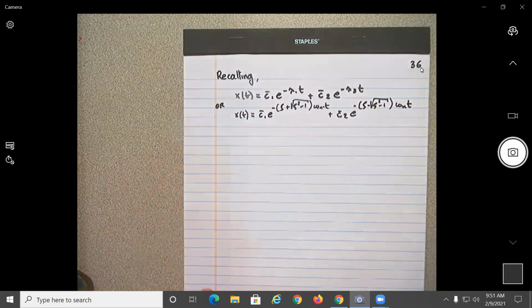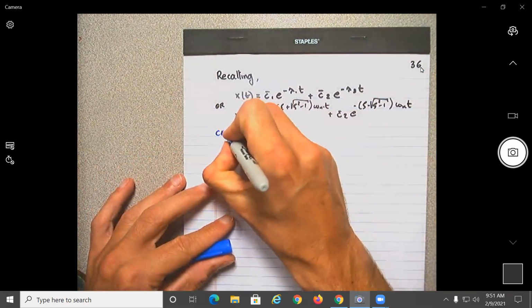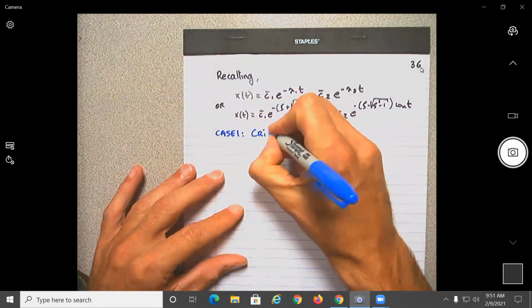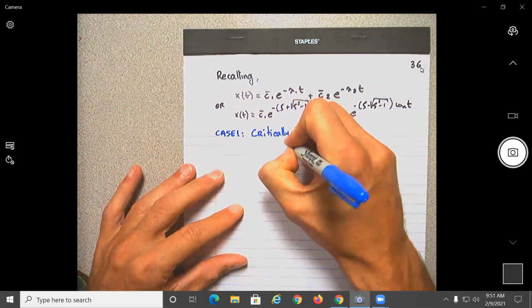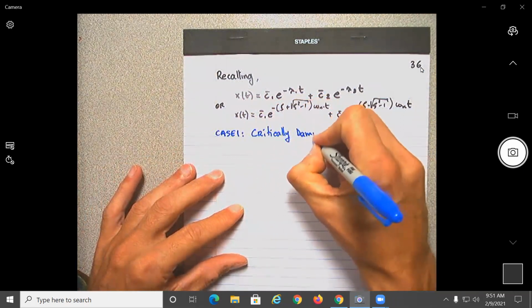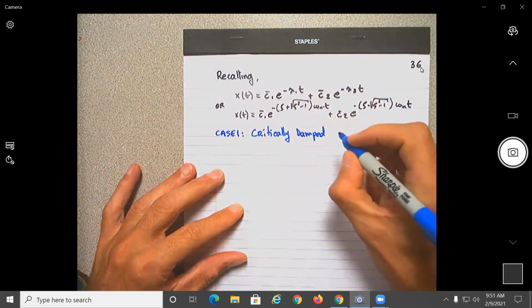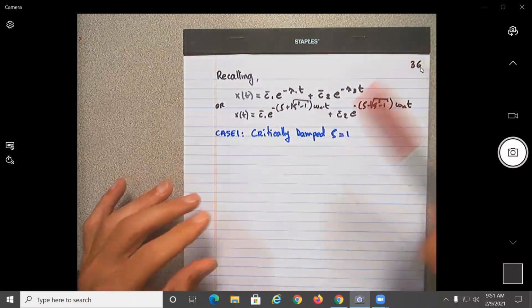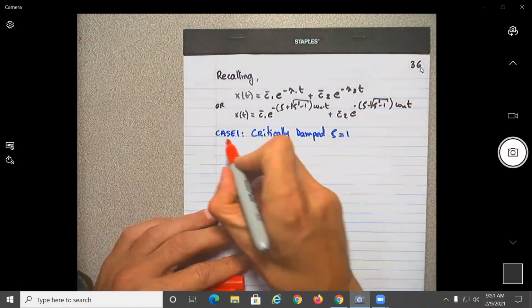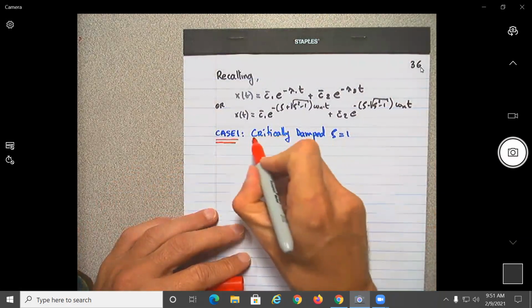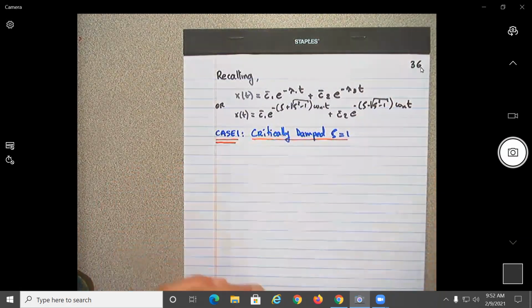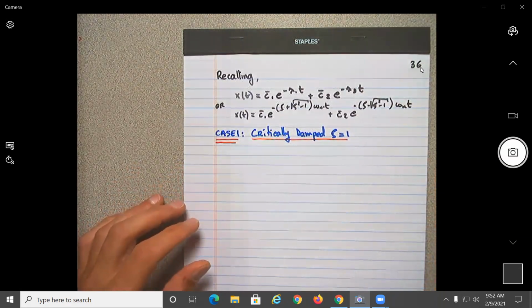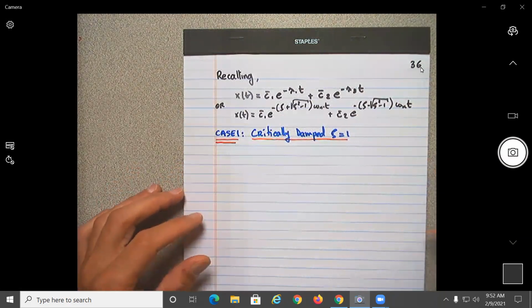All right, so case 1 is critically damped, which basically means the damping ratio is equal to 1. So in that case, what is happening?